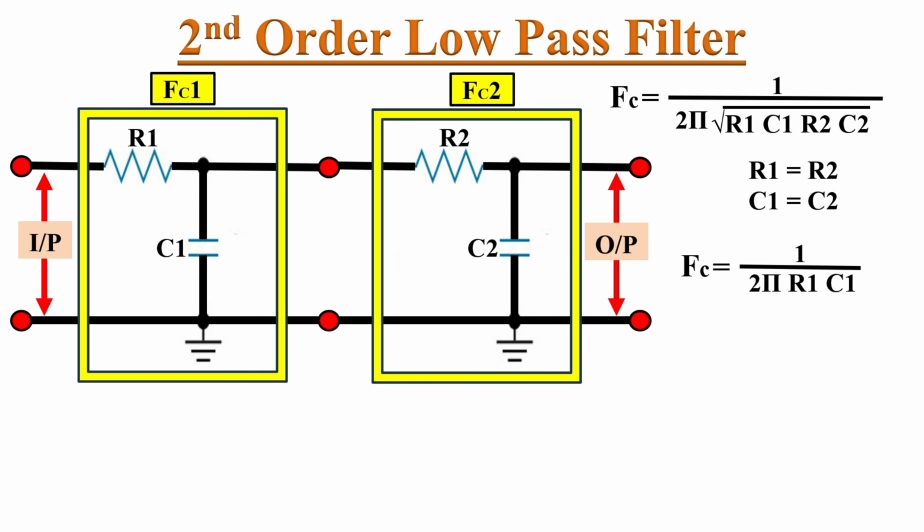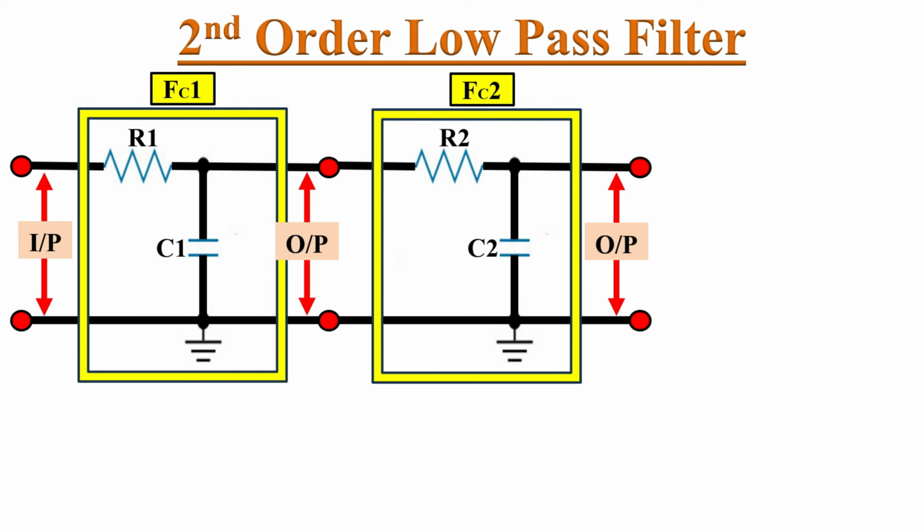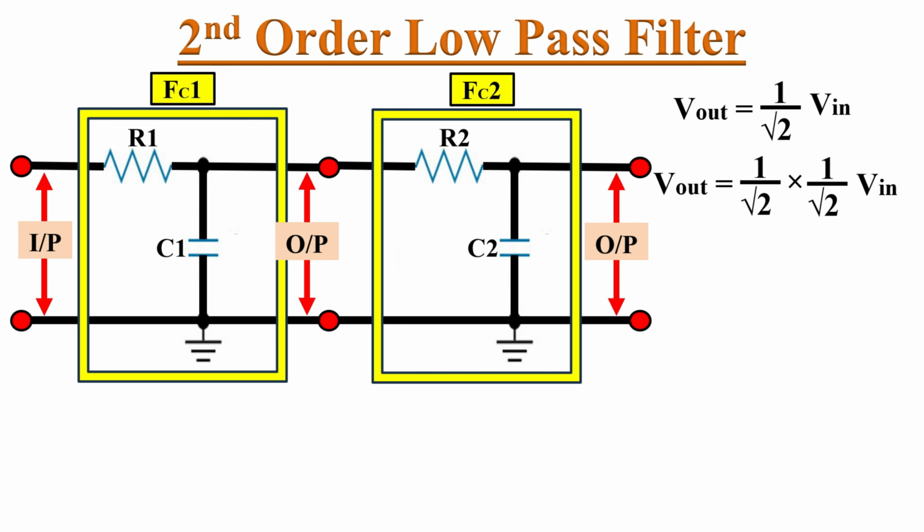So now as we go for higher order filters, the attenuation at the cutoff frequency will also increase. For the first order filter, as we have seen, at the cutoff frequency the output Vout equals 1 by root 2 times the input Vin. Now here for the second order filter, the output Vout equals 1 by root 2 into 1 by root 2 into Vin.